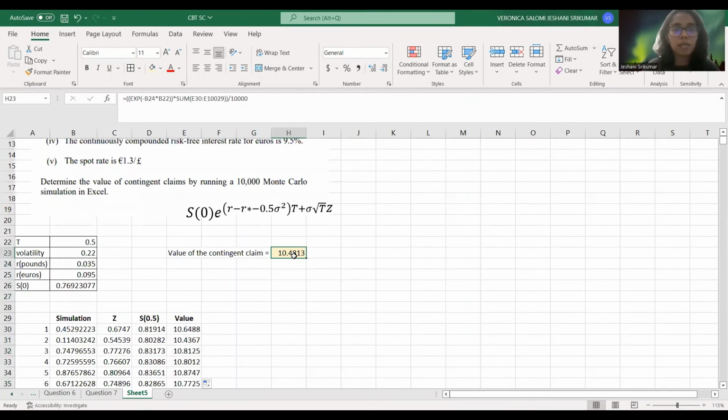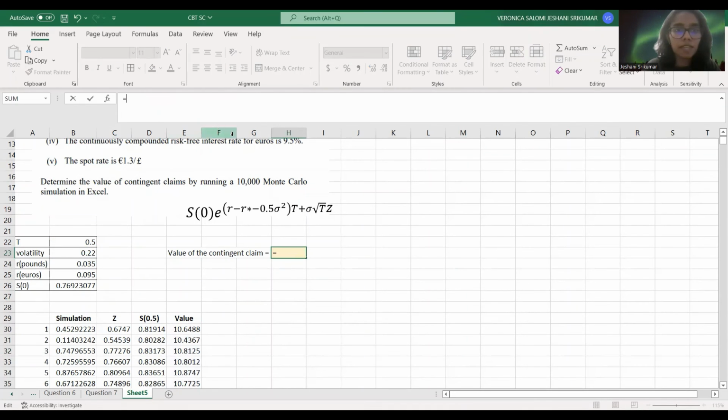Then to find the price of the contingent claim, let me do this with you again. We have to find the exponential of, in this case, the negative pound risk-free rate into time, which is 0.5.